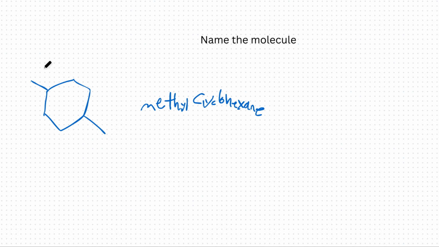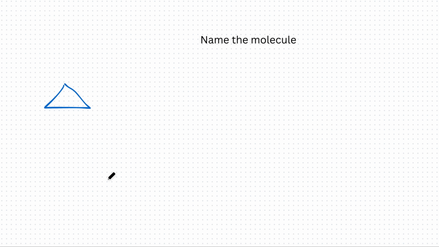Now we have another substituent on here, another methyl group. To name this, we count the carbons 1, 2, 3, 4. So this is 1,4-methyl cyclohexane. Here we have a triangle molecule. And we see there's 1, 2, 3 carbons in the molecule.